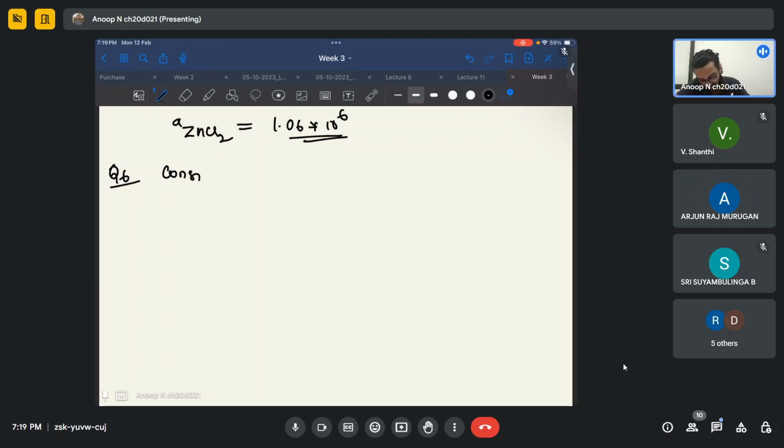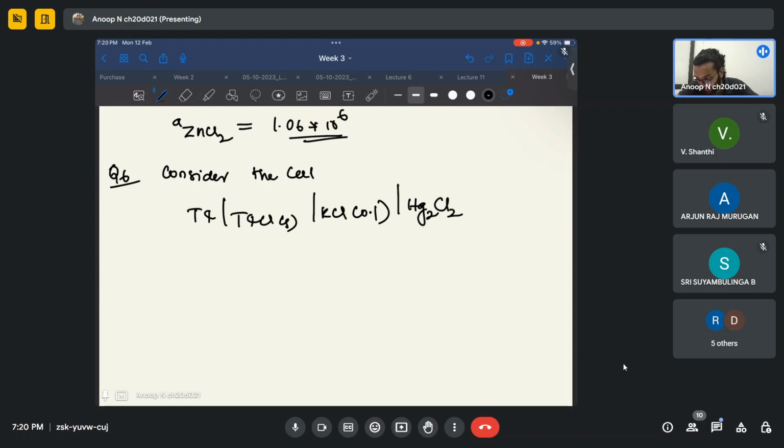So, consider the cell: Tl bar TlCl solid bar KCl 0.1 bar Hg2Cl2, Hg solid.